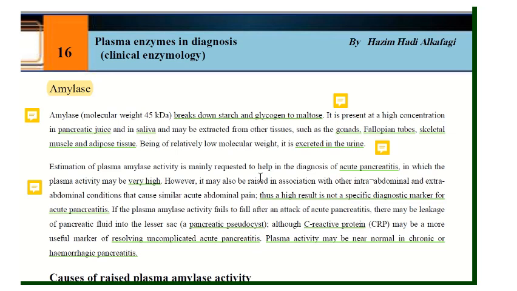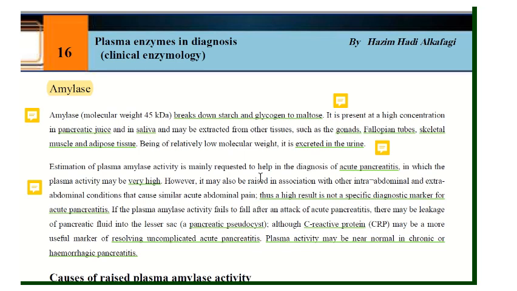Although C-reactive protein may be a more useful marker of resolving uncomplicated acute pancreatitis. إذن في حالة resolving uncomplicated acute pancreatitis فالC-reactive protein ربما يكون more useful marker في هذه الحالة.